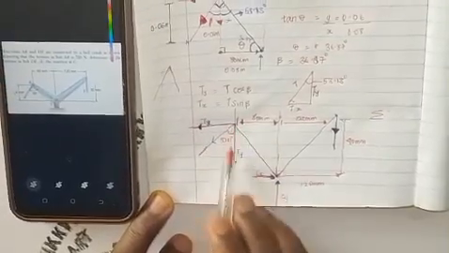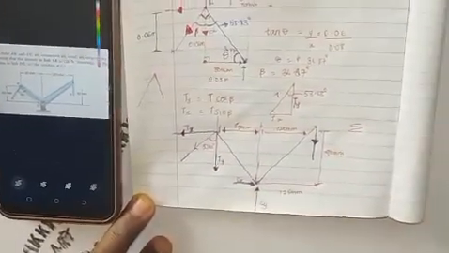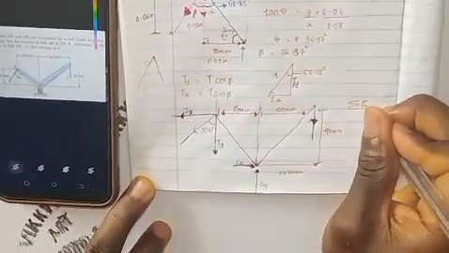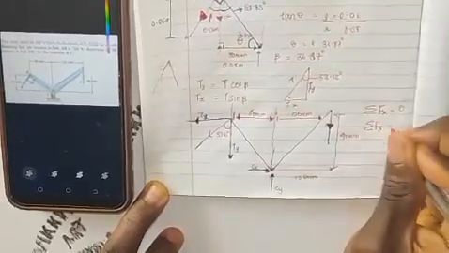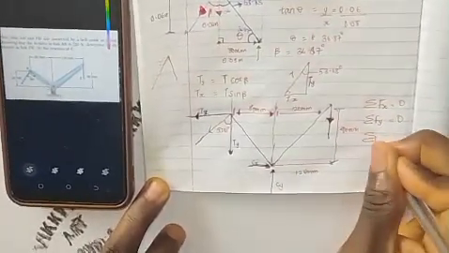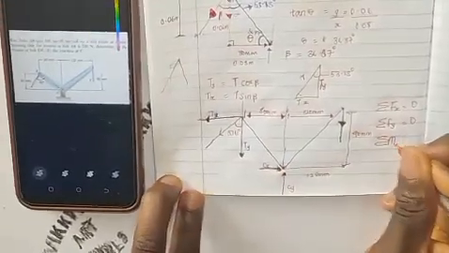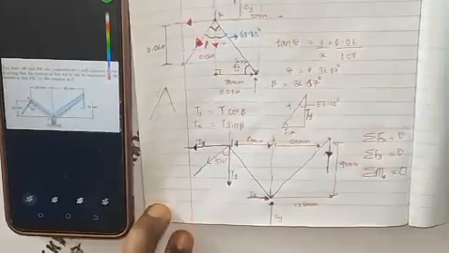You're having 2, you're having 3, which means we'll be having 3 equations, 3 unknowns. So we'll have summation of Fx equal to 0, summation of Fy equal to 0, and summation of moment about this point here, let's call this point C, equal to 0. Those are the 3 equations that we need.